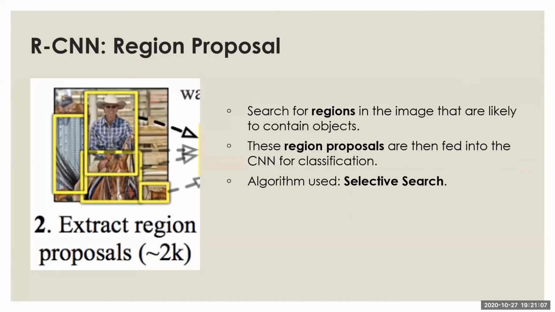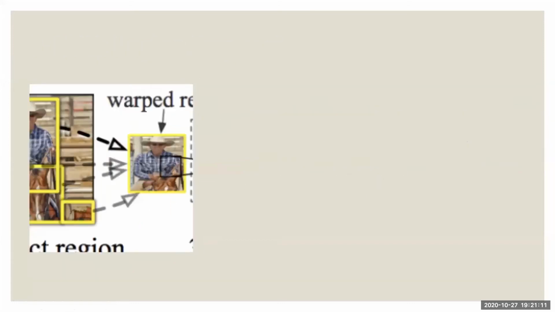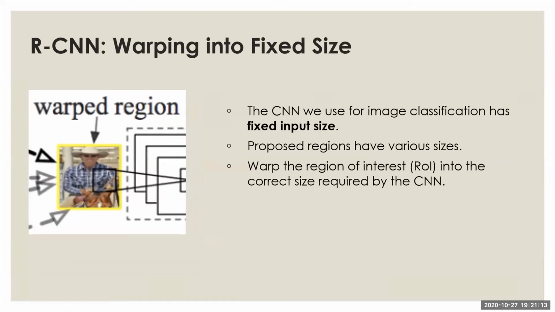But we have a small problem, because if you remember, CNN has a fixed input size, right? But our regions can be of different sizes and shapes. So before we feed into the CNN, we have to warp the region of interest into the correct size so that the CNN can process and extract the features.